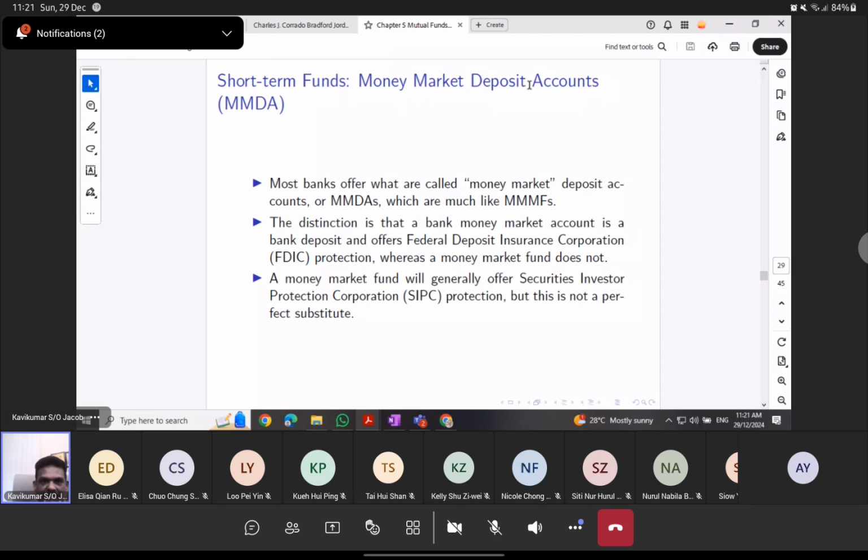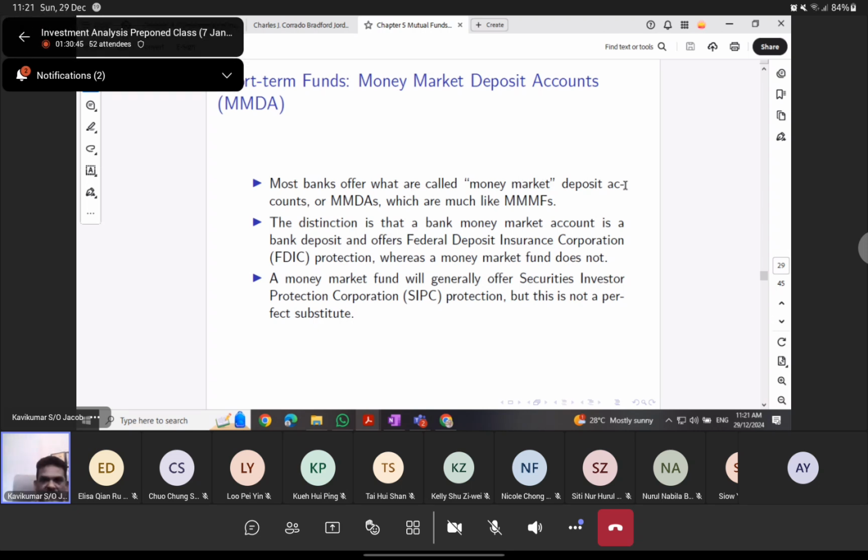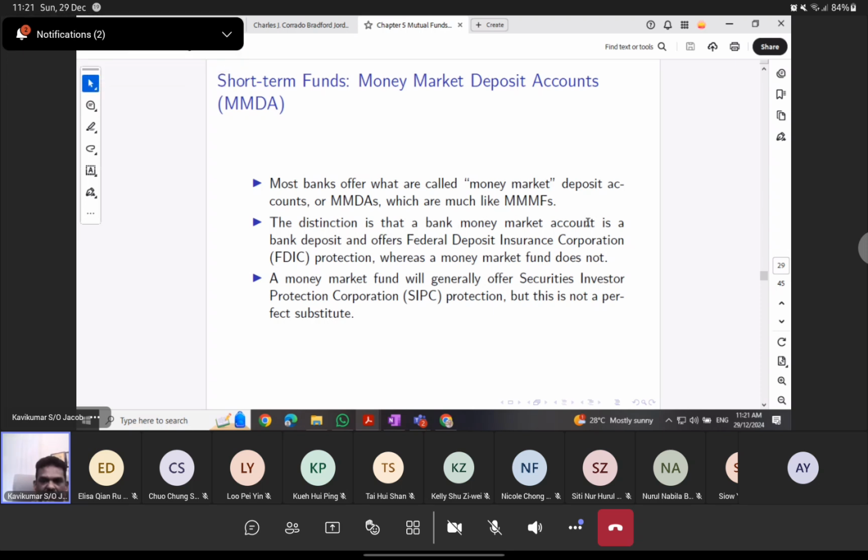It's a short-term money market deposit account, MMDA. Most banks offer what are called money market deposit accounts, or MMDA, which are much like MMF. The difference is that a bank money market account is a bank deposit and offers Federal Deposit Insurance Corporation protection, whereas a money market fund does not.